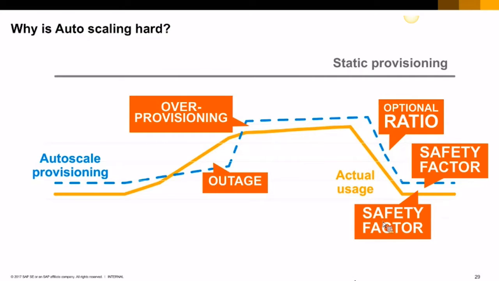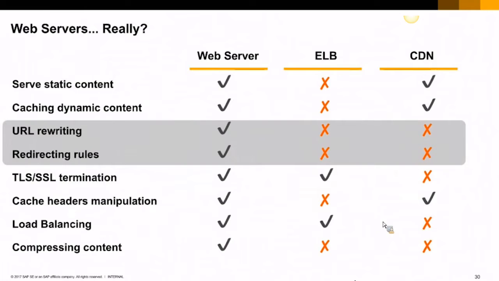Also there is a safety factor in it, because when the traffic gets too low, we still want to maintain a certain level of system SLA. So static provisioning is not dynamic enough for us to catch up with the traffic, and that's why we introduce auto scaling provisioning methodologies here.